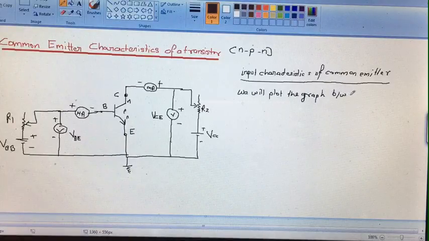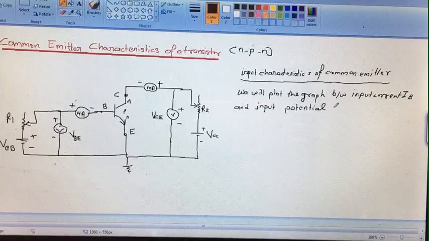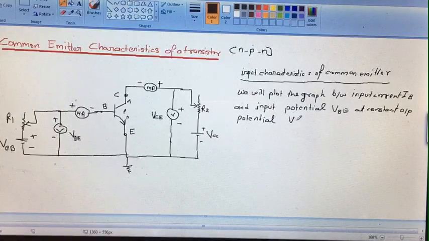between input current, that is IB, and input potential VBE at constant output potential VCE.